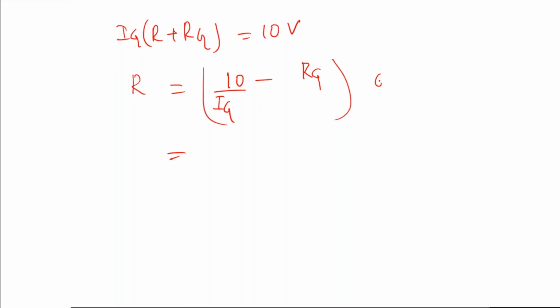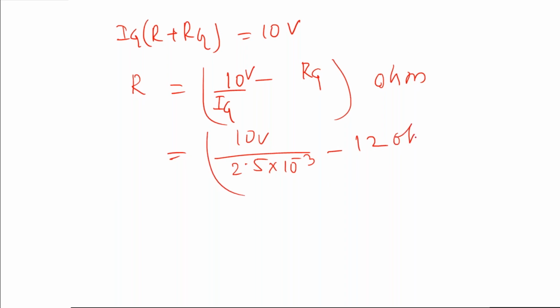So this is 10 volt, and this is 2.5 milliampere, minus RG, which is 12 ohm. So ultimately you'll get the answer in ohm. I write this as 10 to the power 4, 10 to the power 5 divided by 25, minus 12. See, 100 will cancel from here.